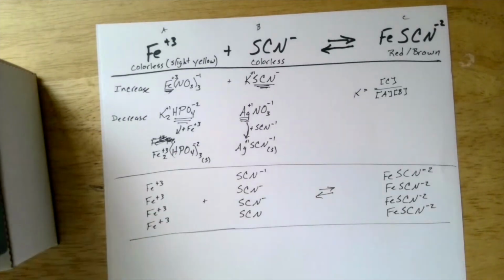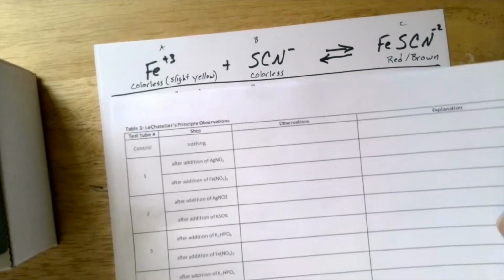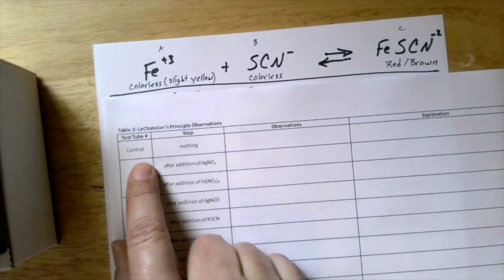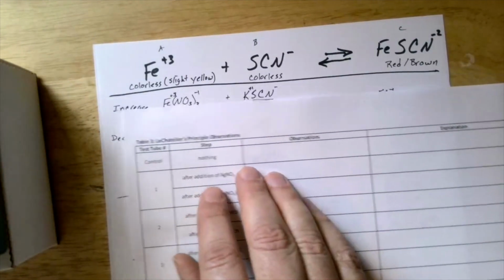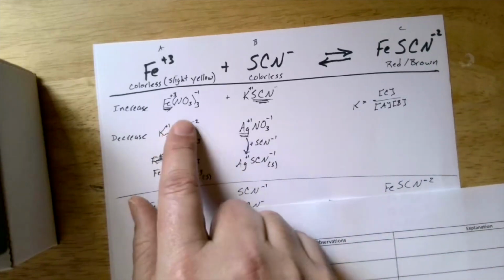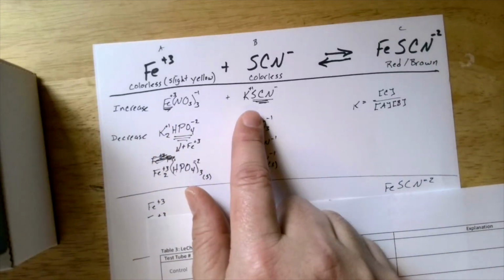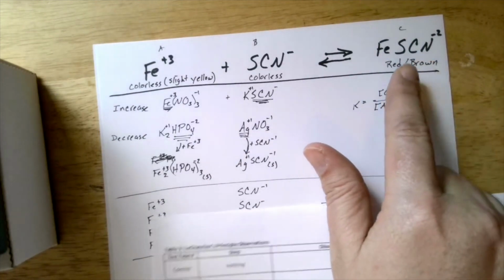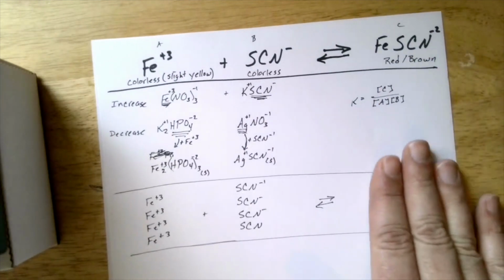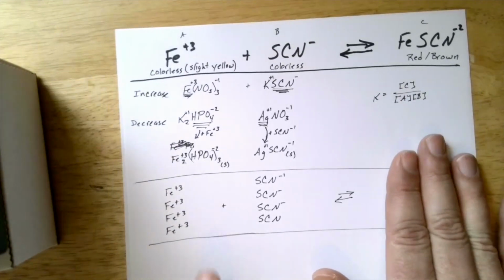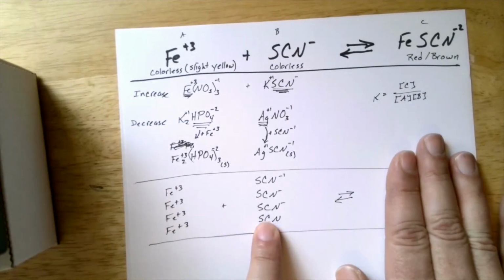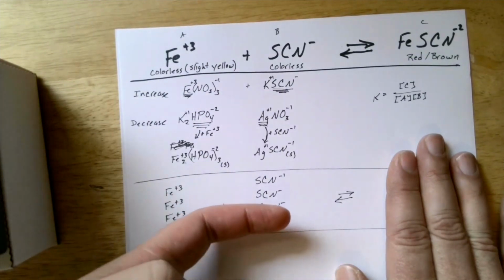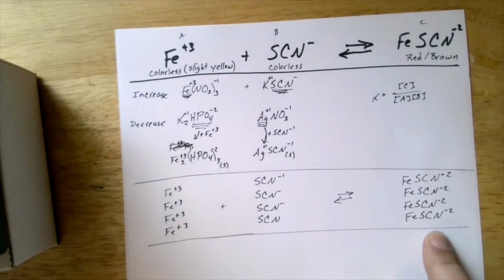Using this as an example here, with your very first one here with the control, you added some of the iron nitrate and the potassium thiocyanate, and initially you had none of the potassium thiocyanate here. So in other words, you're adding the iron and you're adding the thiocyanate, but by adding these two solutions together here, the reaction will shift to the right, producing the iron thiocyanate.